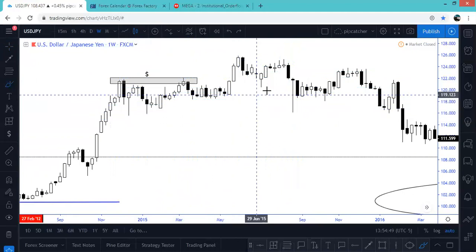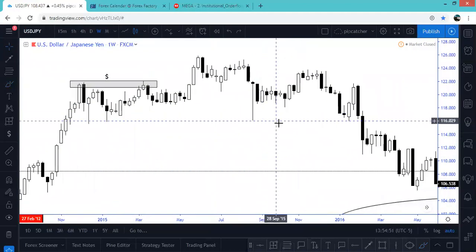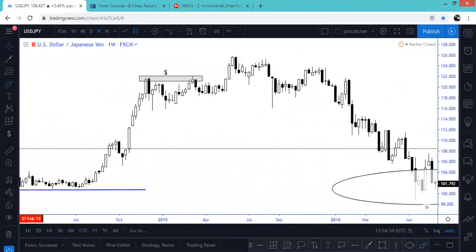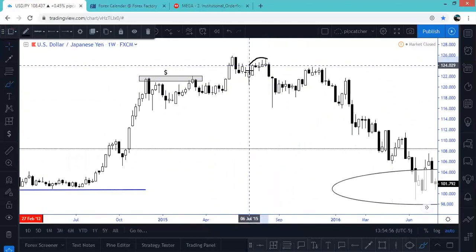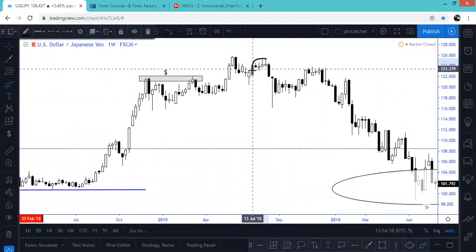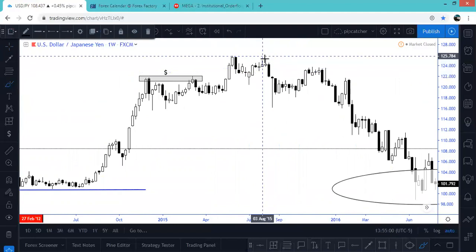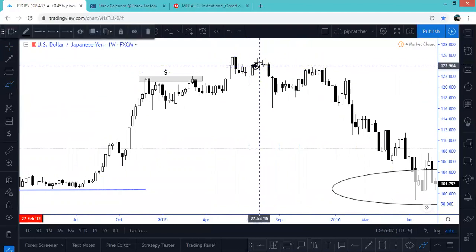So then what do we see? Okay, maybe a shift to the downside. Since this area is so small, we want to use the last point of down liquidity that it broke, right?